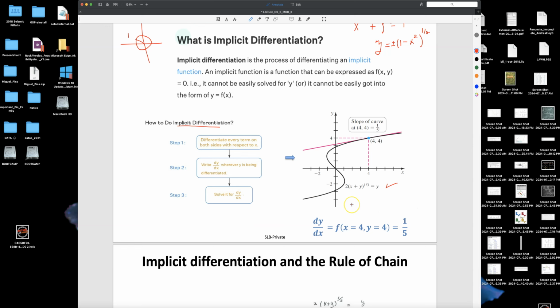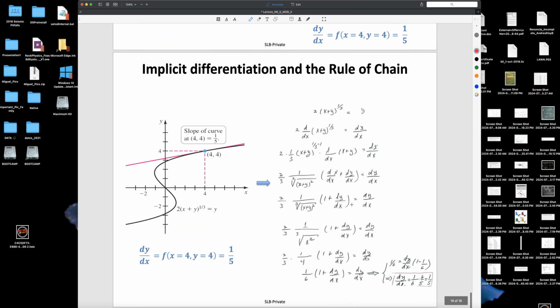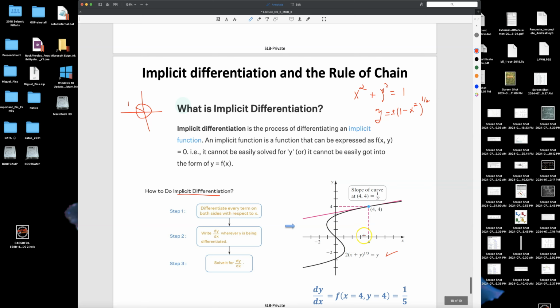But okay, so what are we going to do? We are going to show that really the derivative of this implicit function with respect to the variable x, evaluated at the point 4, 4, is going to be equal to 1/5.